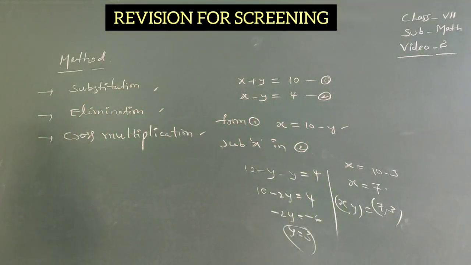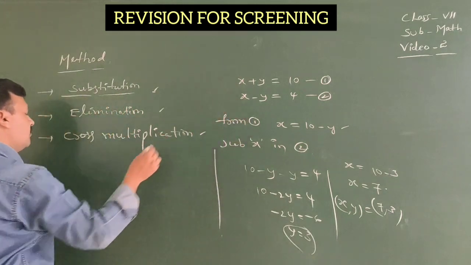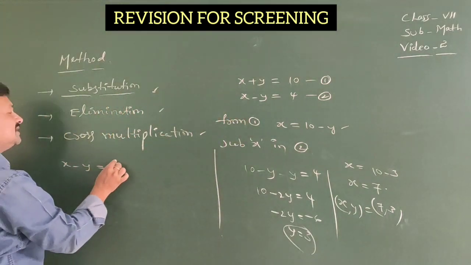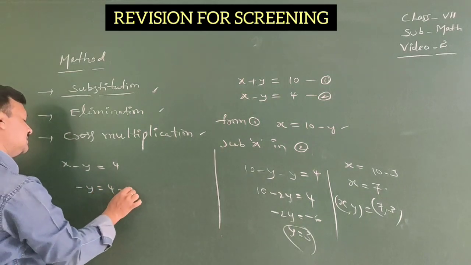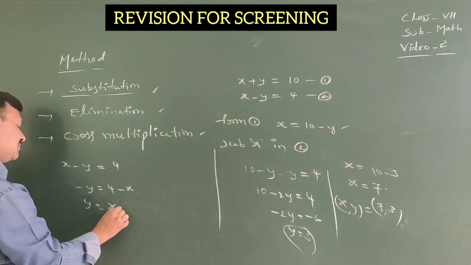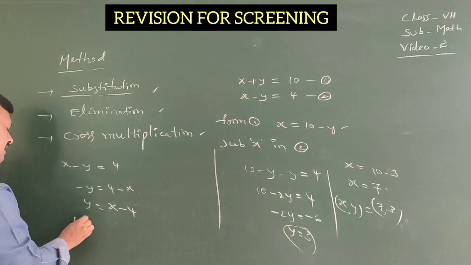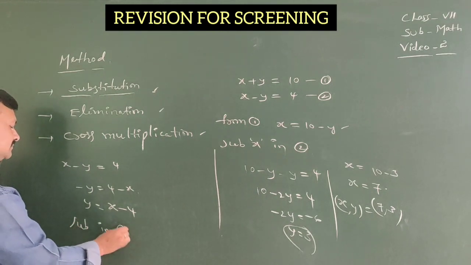Means 7 plus 3 gives 10, 7 minus 3 gives 4. In this way we can solve with the help of the substitution method. From the second equation also we can solve. For example, if you take the second, x minus y equal to 4, minus y equal to 4 minus x, y equal to x minus 4. Substitute in the first equation.